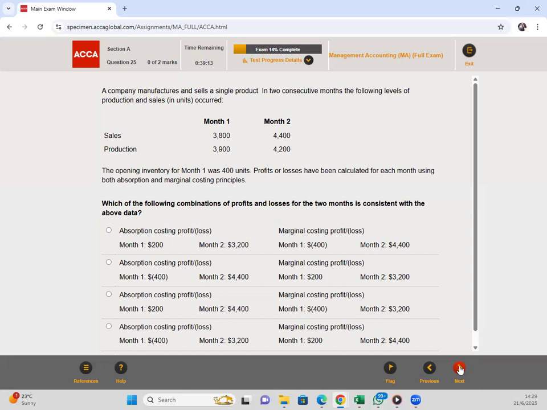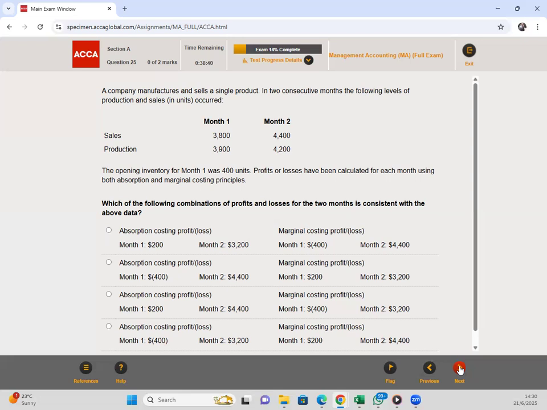Profits and losses have been calculated for each month using both absorption and marginal costing. Which of the following combinations of profits and losses for the 2 months is correct? Absorption costing for month 1, 200. Profit for marginal, 400 for the first month. Month 2, absorption costing.